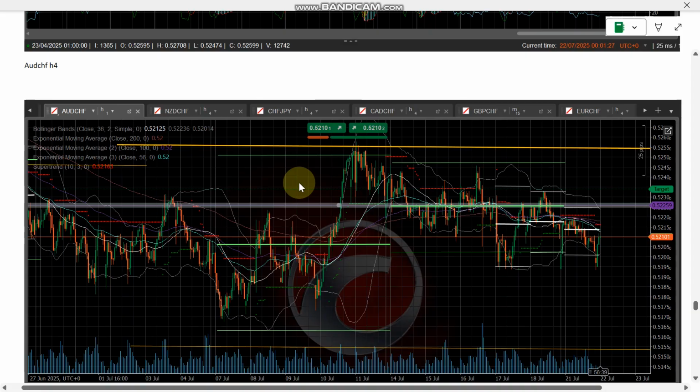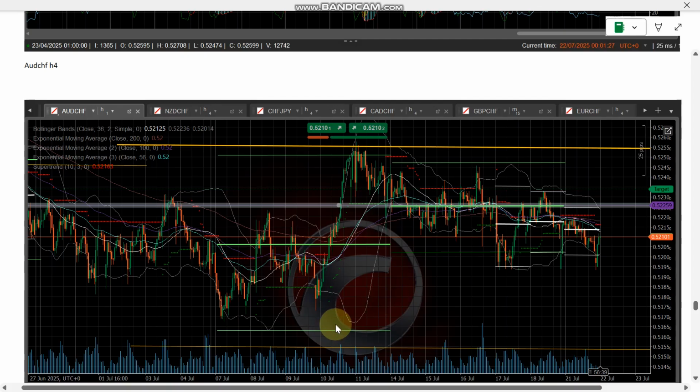Okay. Swiss franc, Aussie Swiss franc. Aussie's strong but pulling back before going up. If you're a buyer, if you're sellers, test 1, test 2, price release.